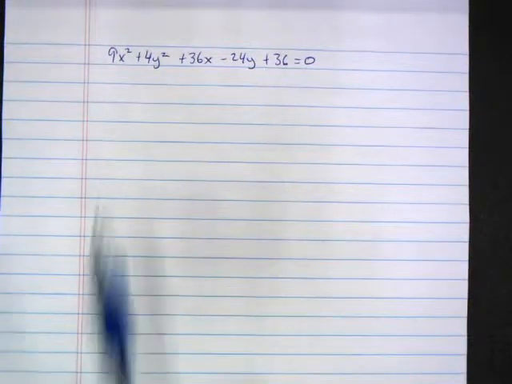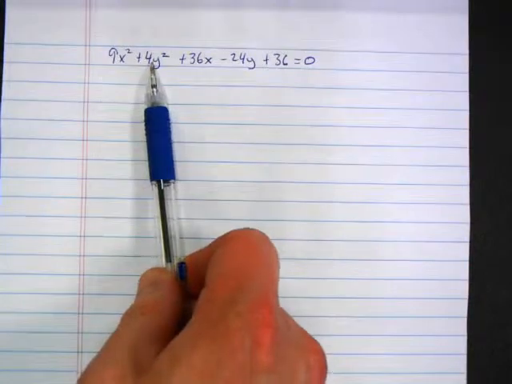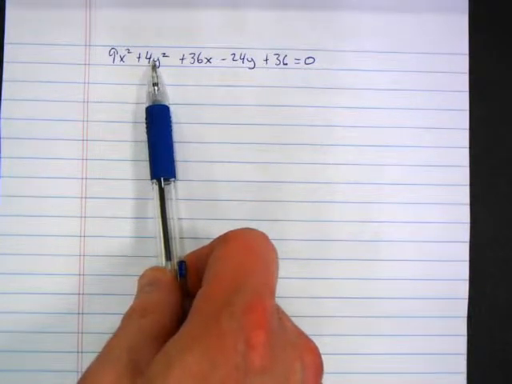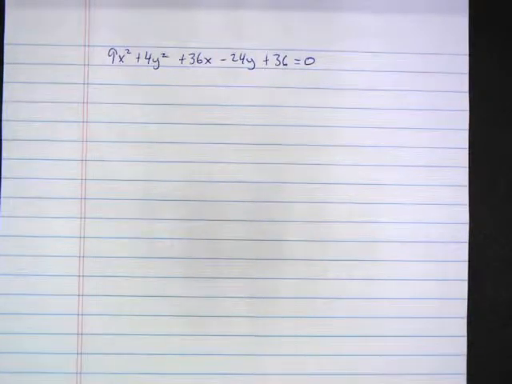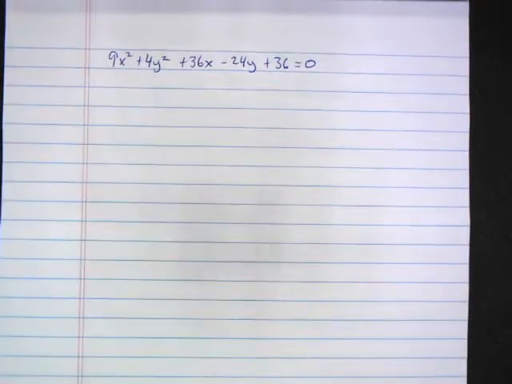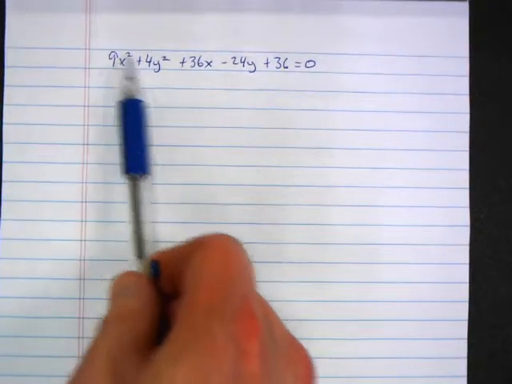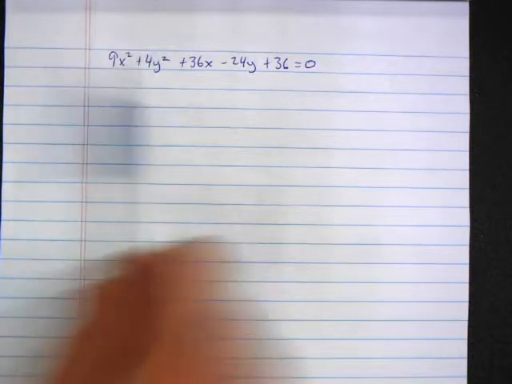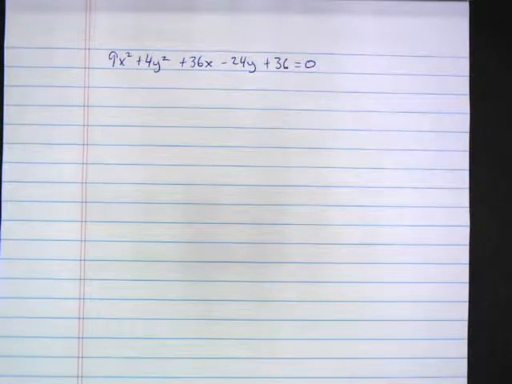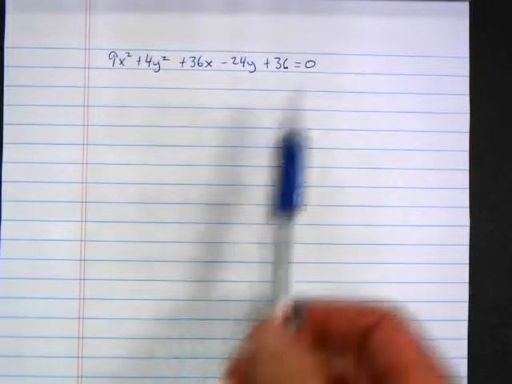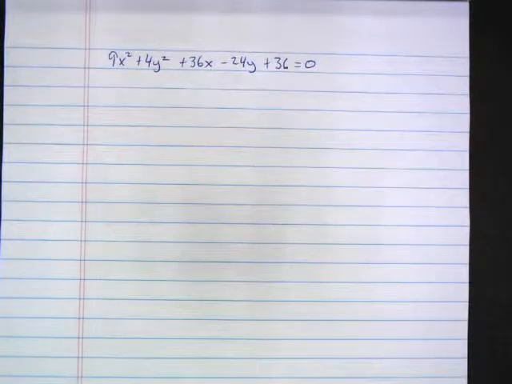Okay? What if this was a 9x squared and that was a 9y squared? Then it would be a circle. If the coefficients match exactly, it's a circle. One positive, one negative, it's a hyperbola. Different coefficients, both positive, it's an ellipse. What if they're both negative? Then you multiply the whole equation by -1, and now they're both positive.